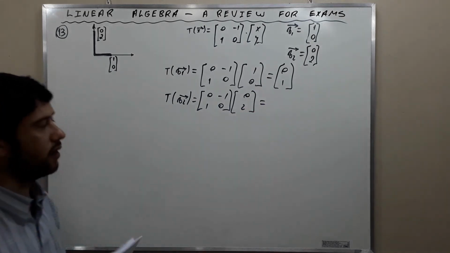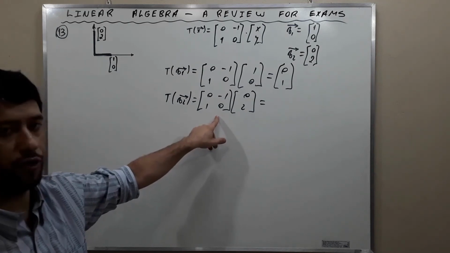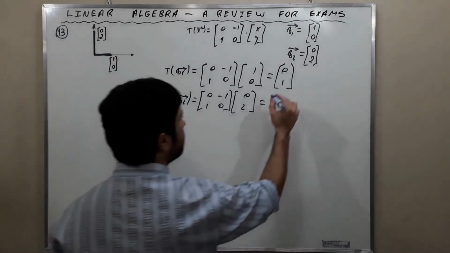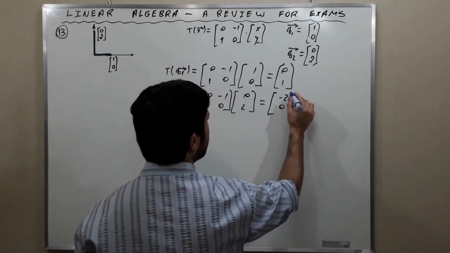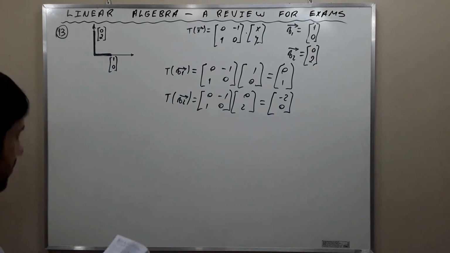If we apply this transformation to this vector, we get, okay, and what does it mean?